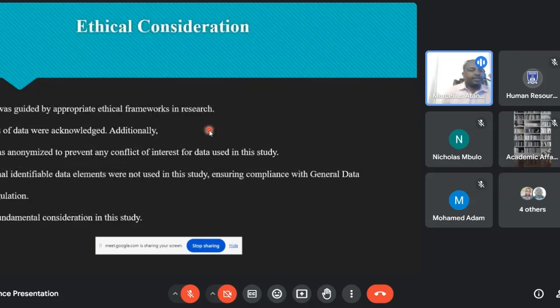Ethical considerations. Given that we are dealing with qualitative, descriptive research, we have to take into consideration ethical issues. All the sources of data were acknowledged. So we acknowledge every source from which we got our data. All the data was anonymized. So we tried not to weight the data.